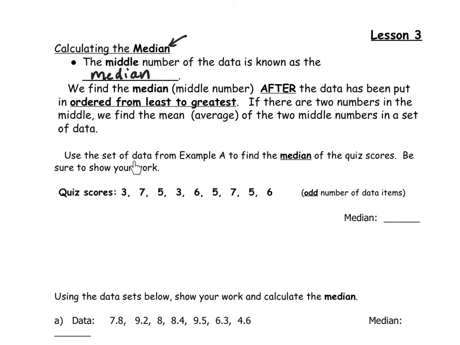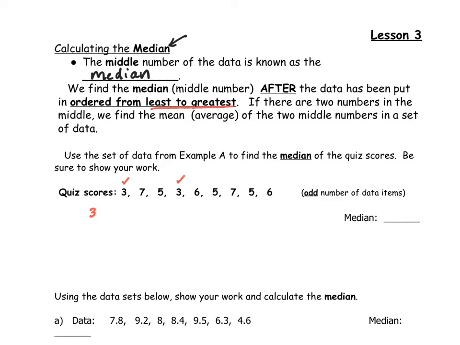Example A says use the set of data from example A to find the median of the quiz scores. Be sure to show your work. So what we absolutely need to do before we find the median is put our data in order from least to greatest. I'm going to start with the number 3, that's the smallest, and I like to check them off as I go.